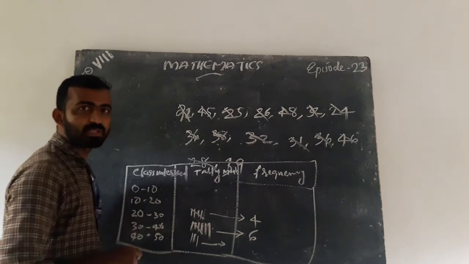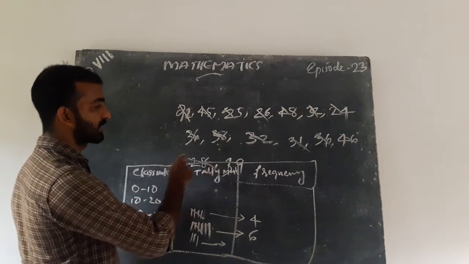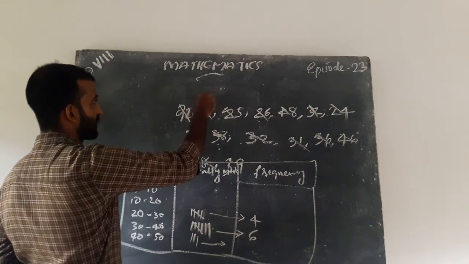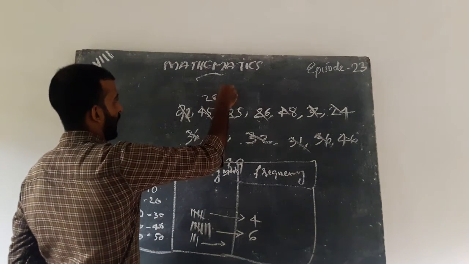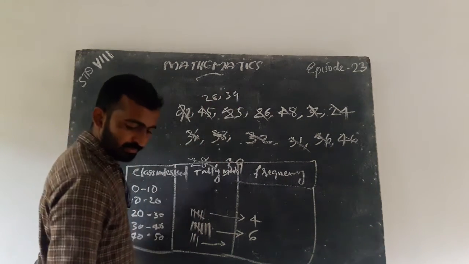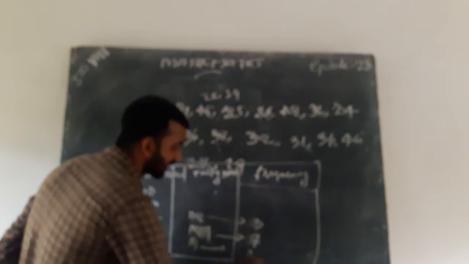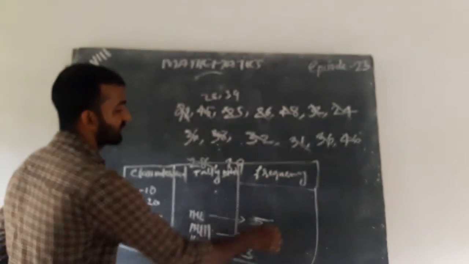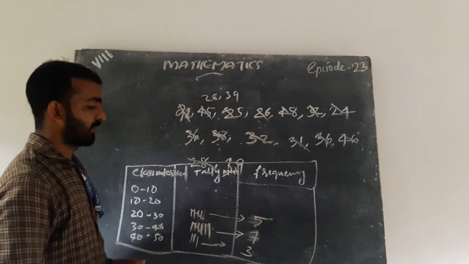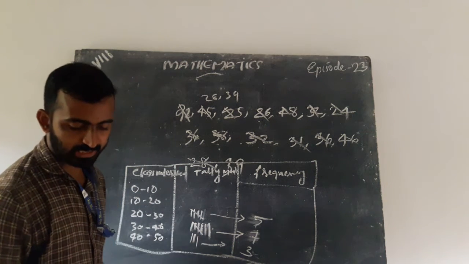We didn't see these two data, 28 and 39. So the frequencies are 5, 7, 3. The sum is 50. When we add 5, 7, 3, we get 50. That is, the answer is right.